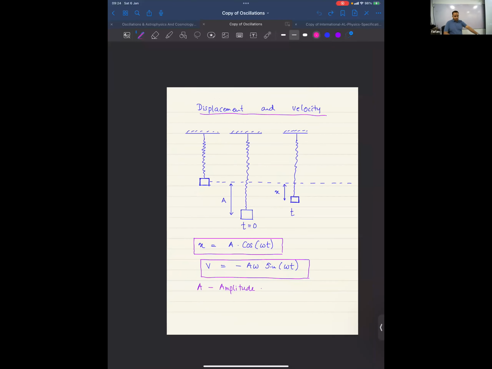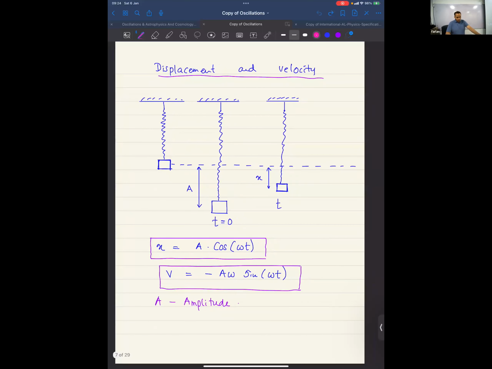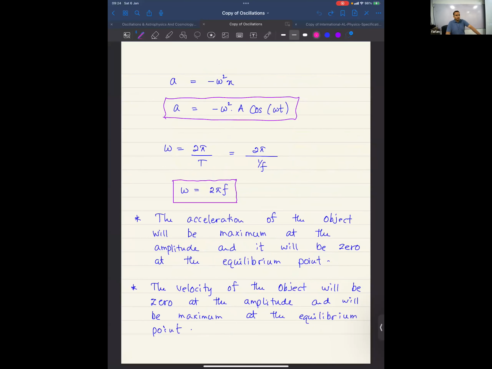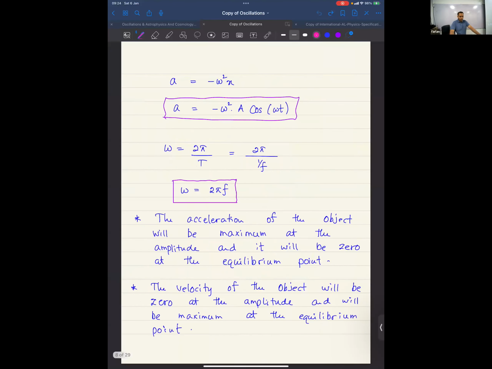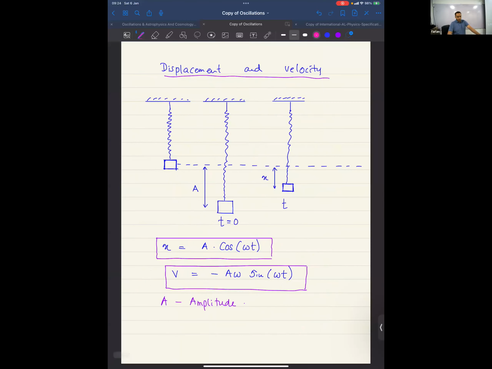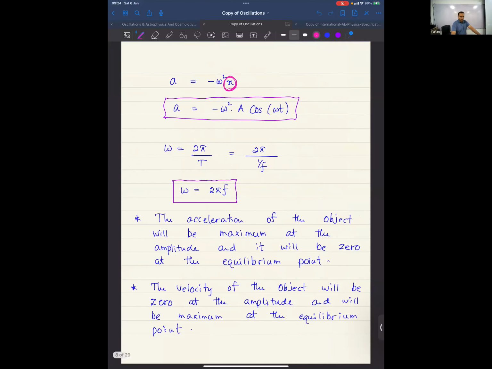Okay, right. Guys, now a equals minus omega square x, right? So if I replace the x with A cos omega t, you will get this equation: acceleration equals minus omega square A cos omega t, which is acceleration in terms of time.